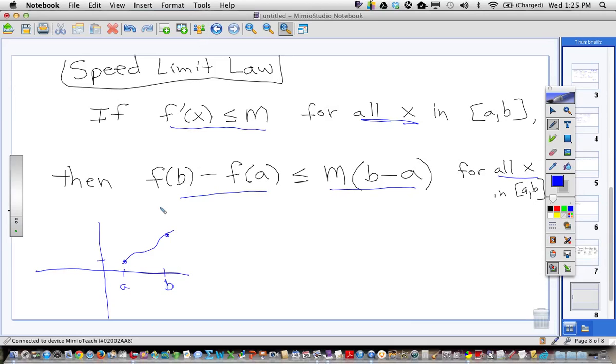The output at b, right? The y value. That would just be this right up here. Here's f of b, right here. And here's f of a, right here. So we got some function, a, b are the inputs, f of b, f of a are the outputs.